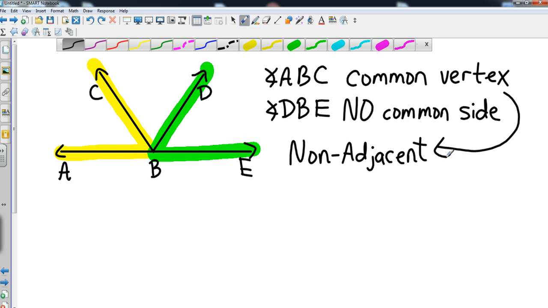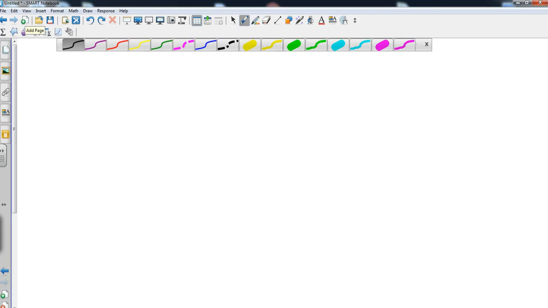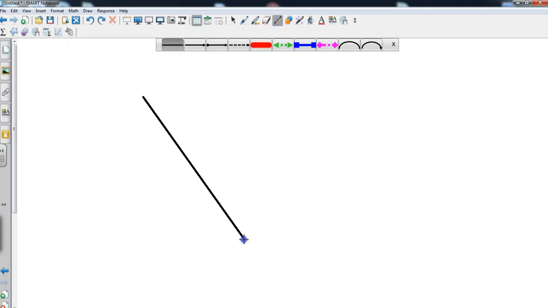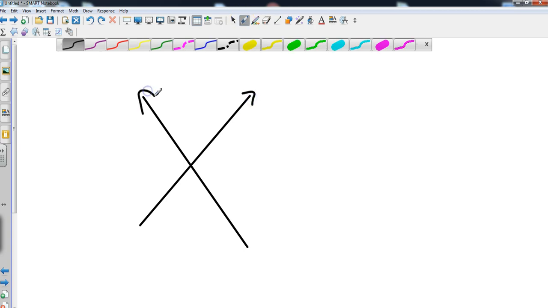So there are some other relationships we can look at. If we have intersecting lines, let's go clockwise. We have some different relationships. Angle 1 and angle 2 we discussed earlier.